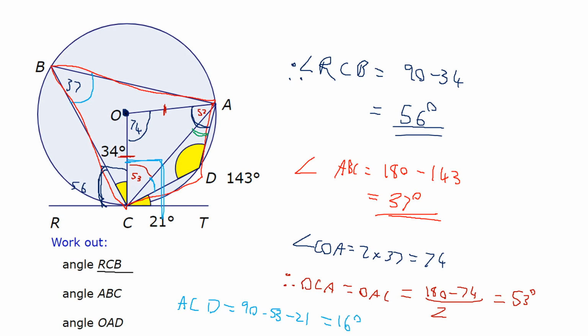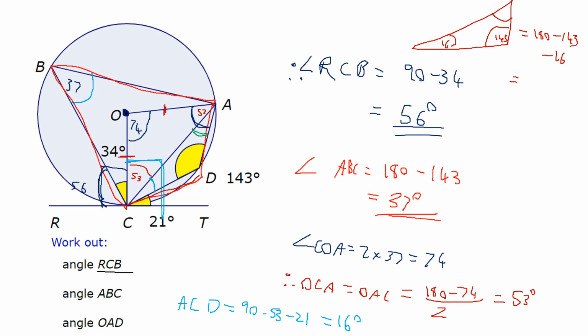And then finally, if I actually draw a separate diagram to show this. This is a triangle. Sorry. That is a triangle there. We know this is 16 and this is 143. So therefore, this angle here is just going to be 180 minus 143 minus 16. Yeah?